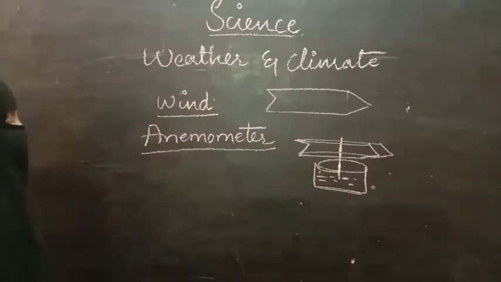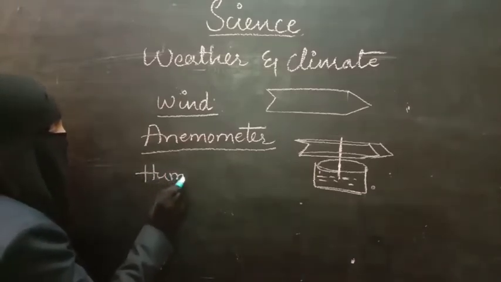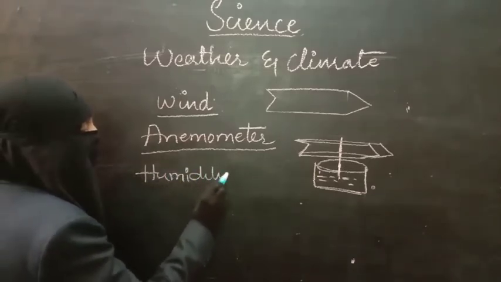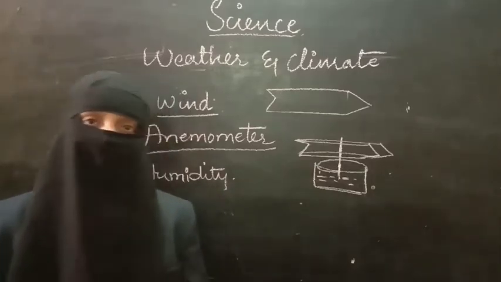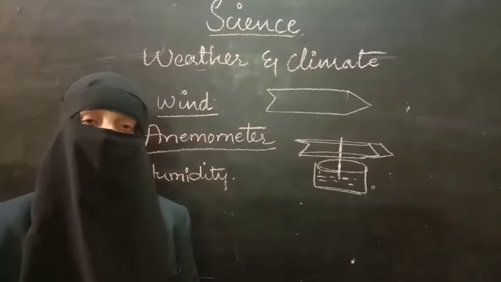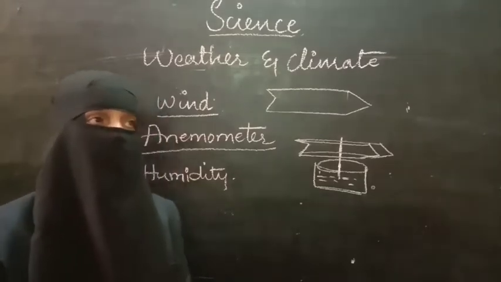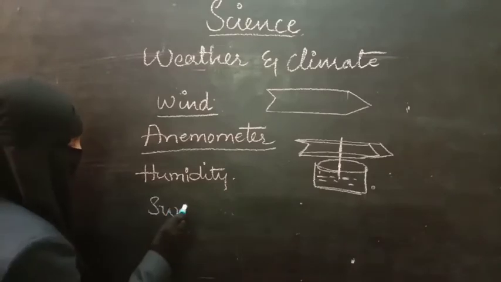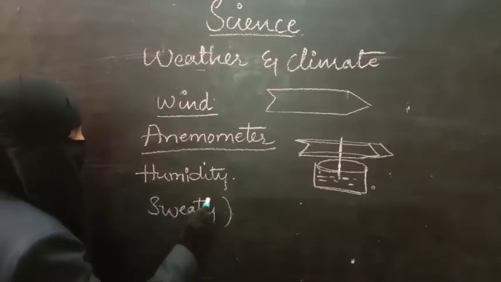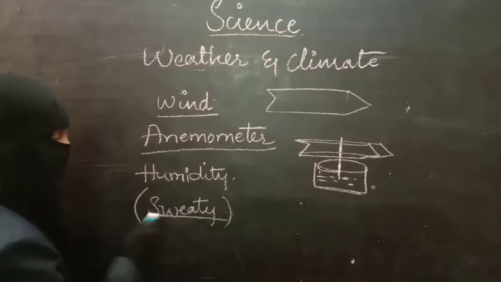Next one is humidity. Humidity is also an aspect of weather. Let us take two different cities, Vijayawada and Hyderabad. In Vijayawada the weather is sweaty. In summer season usually we get more sweat, or in any season we get more sweat.